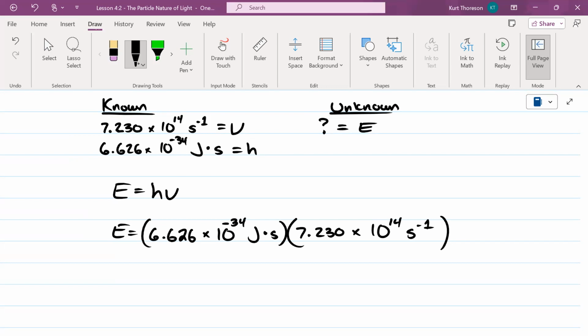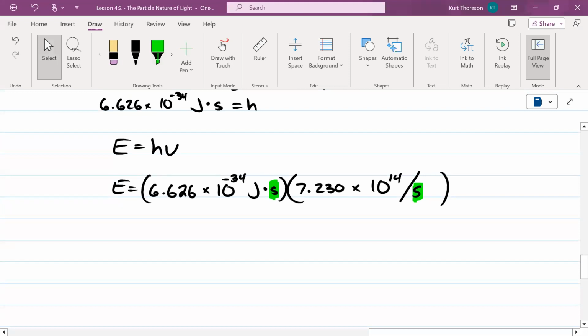I want you to switch reciprocal seconds to waves per second because you want seconds to cancel out. They will cancel out, and your answer will be measured in joules because you're trying to find energy, right?